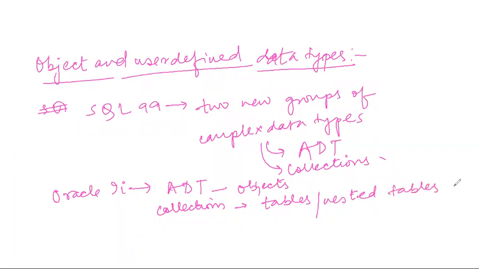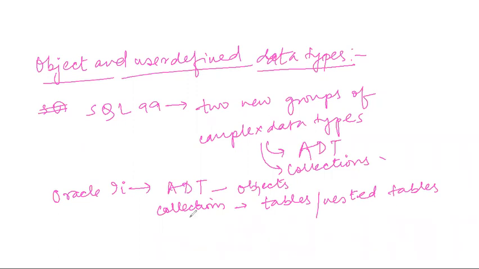So it is changing day by day. I hope you people have done these practicals in Oracle 10G or Oracle 11G. Oracle 11G is just a higher version of Oracle 9i. So there also these objects and these collections were represented in the form of nested tables.